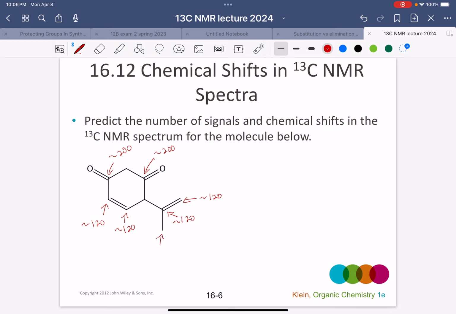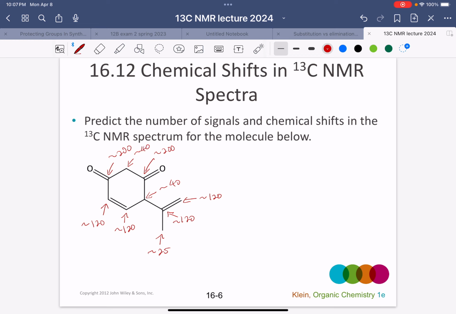That guy there is probably around, because it's kind of close to the double bond there, so maybe we'll say 25 or 30. So I'm going to say 25. That guy's probably a little more downfield because it's kind of closer to the carbonyls and stuff. So maybe we'll say, I don't know, 40. And that guy might be around 40. And I think that's it.